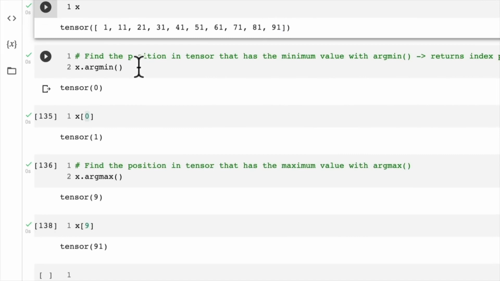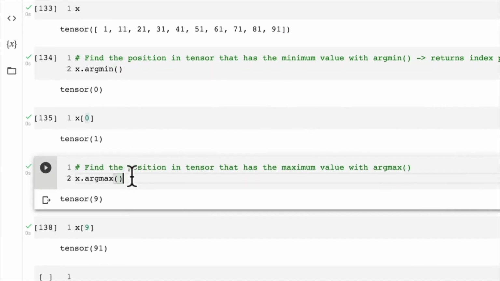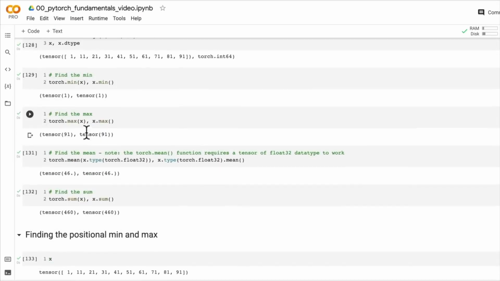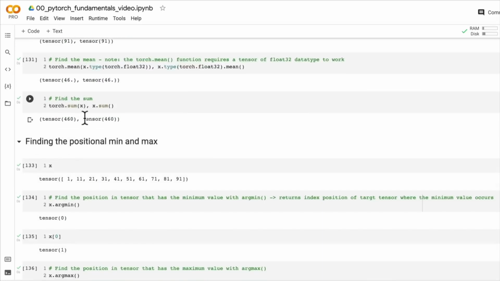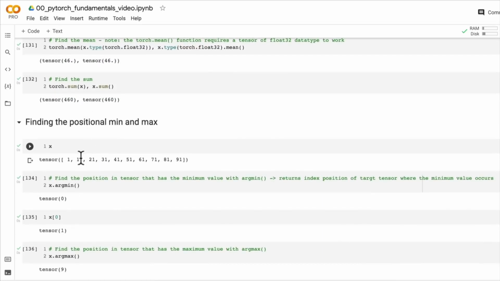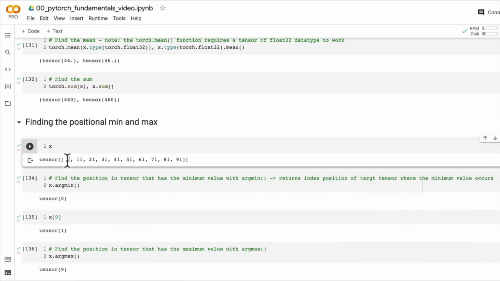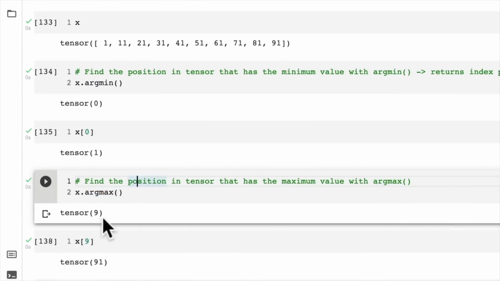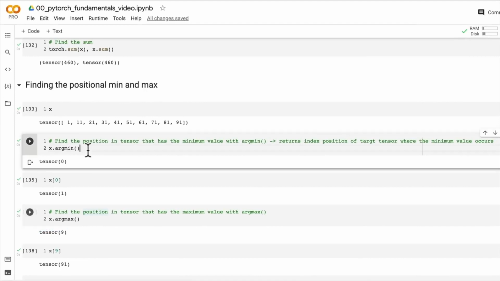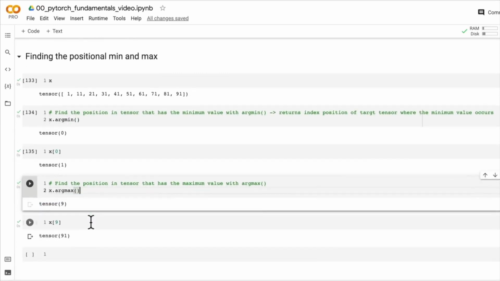Beautiful. Now, if you wanted to find the minimum of a tensor, you can just use min, but sometimes you don't want the actual minimum value, you just want to know where it appears. Particularly with argmax, this is helpful for when we use the softmax activation function later on. We haven't covered that yet, so I'm not going to allude too much to it, but just remember, to find the positional min and max, you can use argmin and argmax.